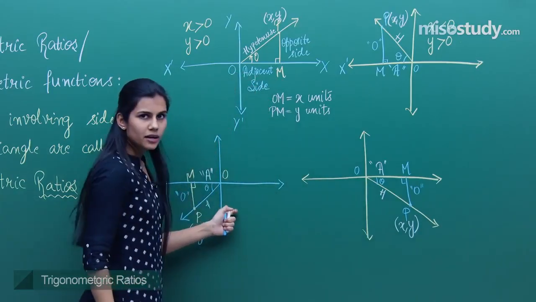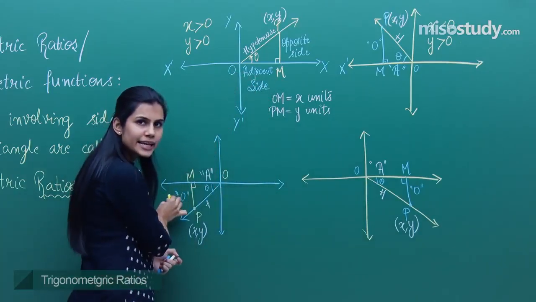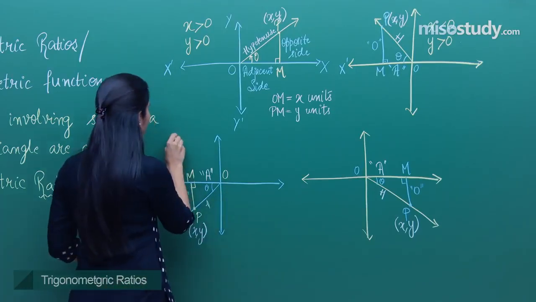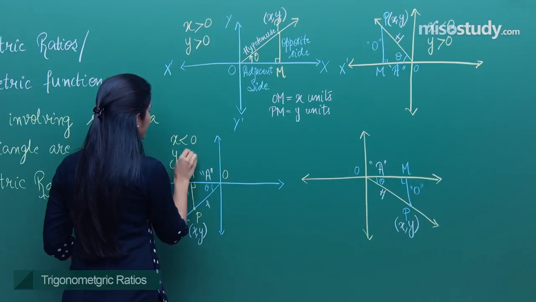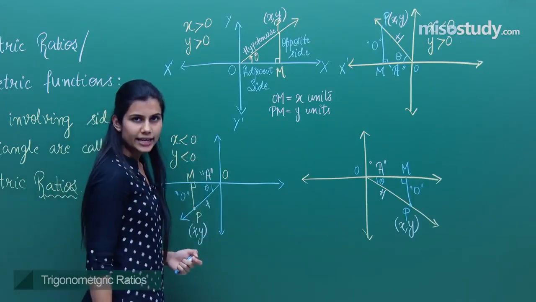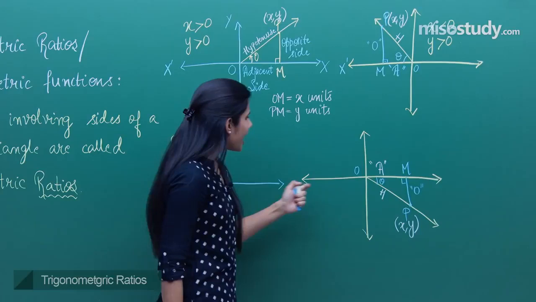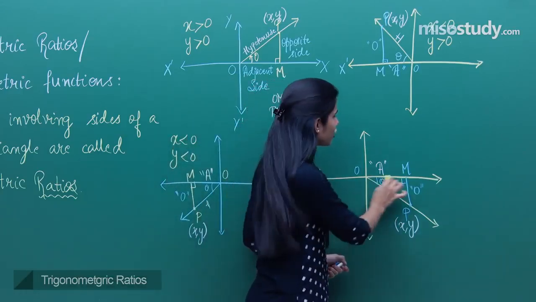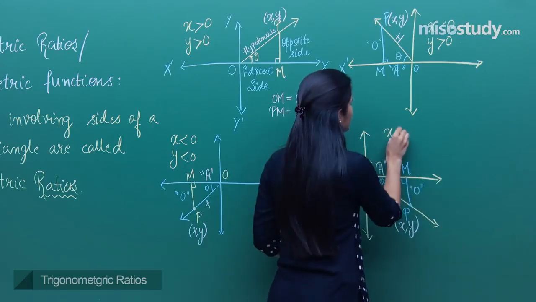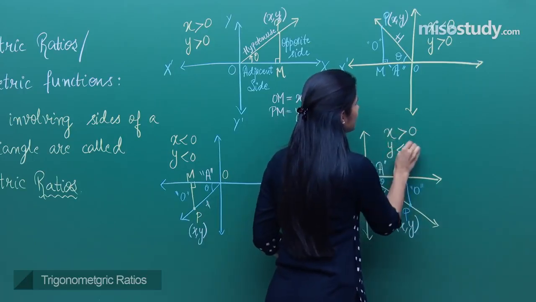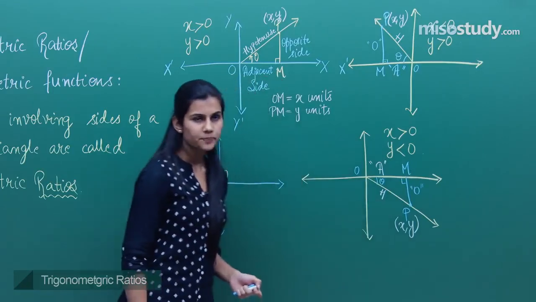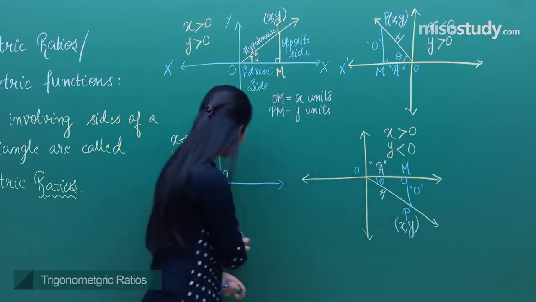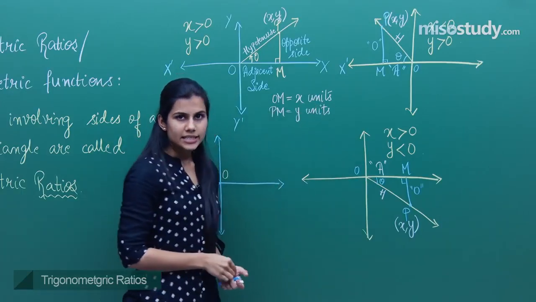If you come up here, your x becomes negative, your y also becomes negative, and here x is negative and y is also negative, right? Whereas over here, your y becomes negative and your x is positive. So x is positive and y is negative. This is the difference in x and y in all the four cases.